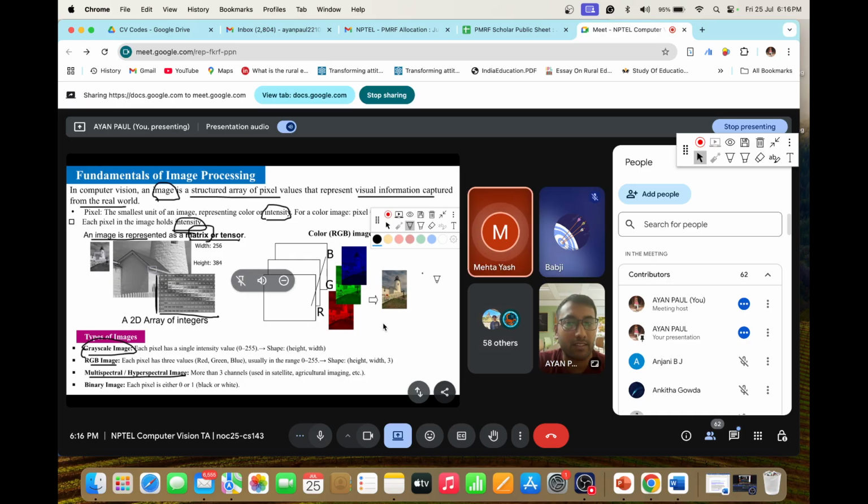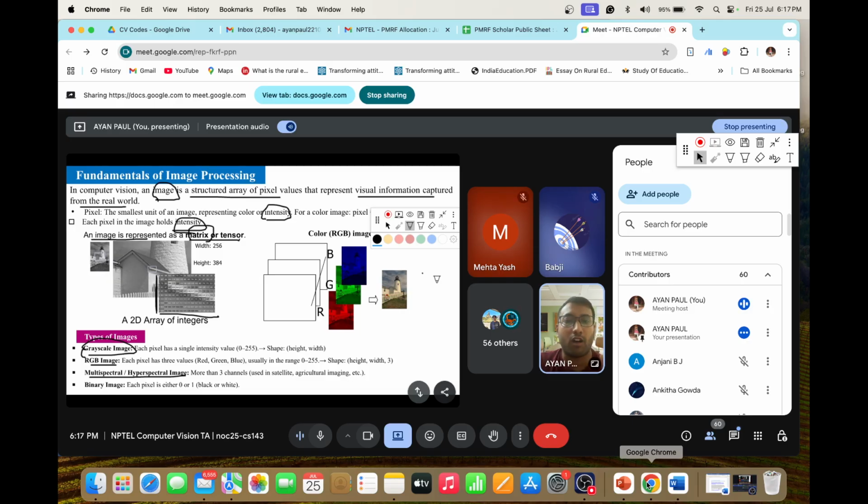Sir, in a binary image, is the pixel 0 or 1? No, 0 or 255. It is just a mistake there. A pixel value of 0 means it is black, and a pixel value of 255 means it is white. Why 255 and not 256? Because we have to go from 0 to 255, not 1 to 256.